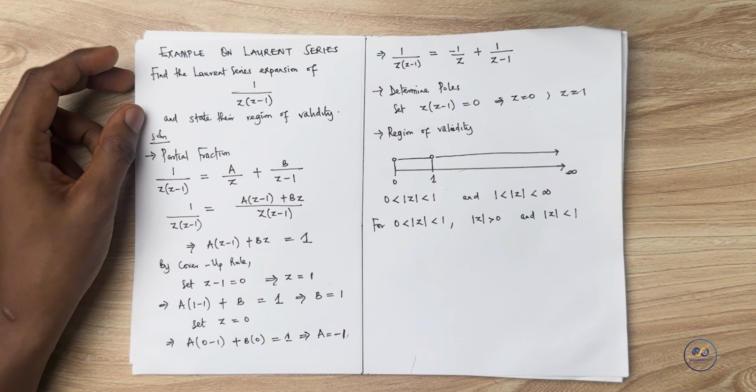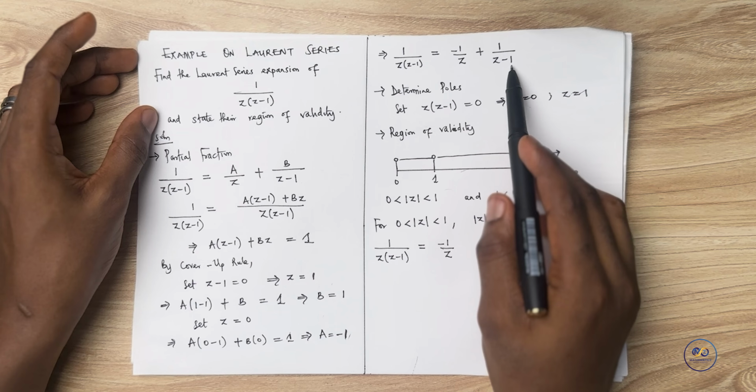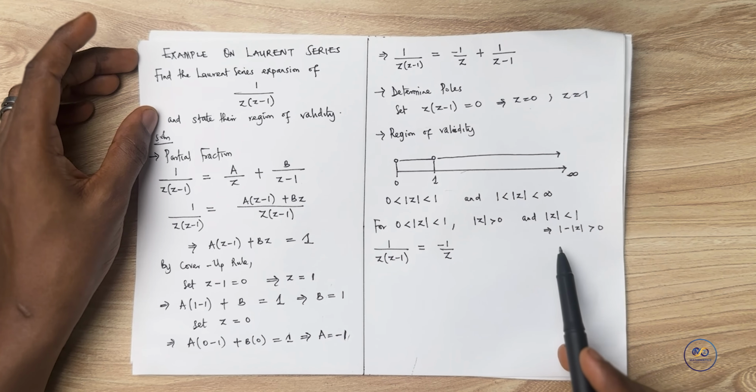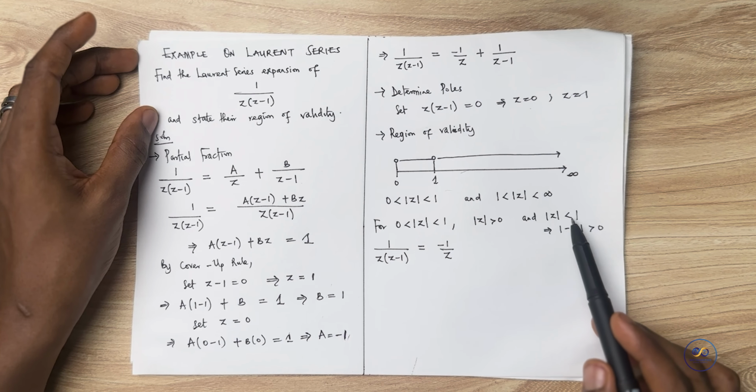But now that you have z less than 1, this part would immediately mean that 1 minus absolute value of z is greater than 0. So it means that if you have z minus 1, the denominator is going to be a negative result, because absolute value of z is less than 1. So there is no value of z that you can put here that will turn this into a positive result.